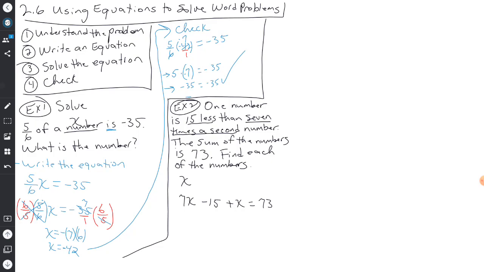So one number is 15 less than 7 times a second number. And we have both of the numbers. So where can we go from here?